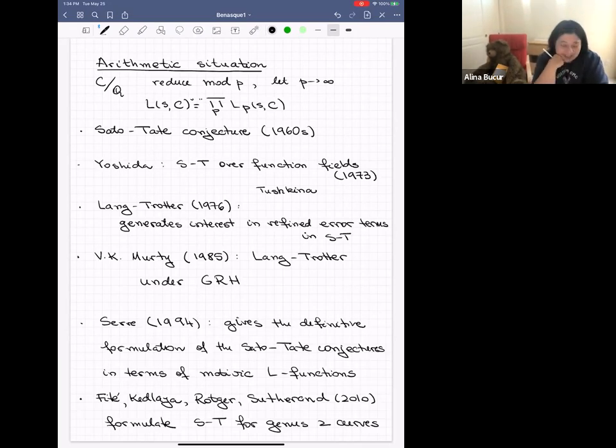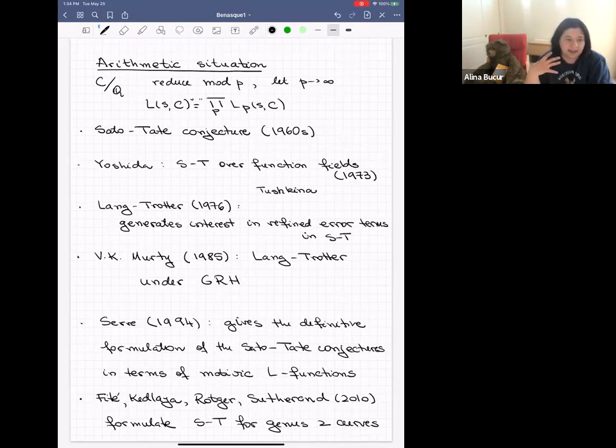Okay, so in 1994, in this conference on motives, Serre gave the definitive formulation of the Sato-Tate conjectures in terms of motivic L functions. Even formulating the Sato-Tate in the 60s, it was originally formulated for elliptic curves, and maybe even elliptic curves over Q at first, and then extended and so on.